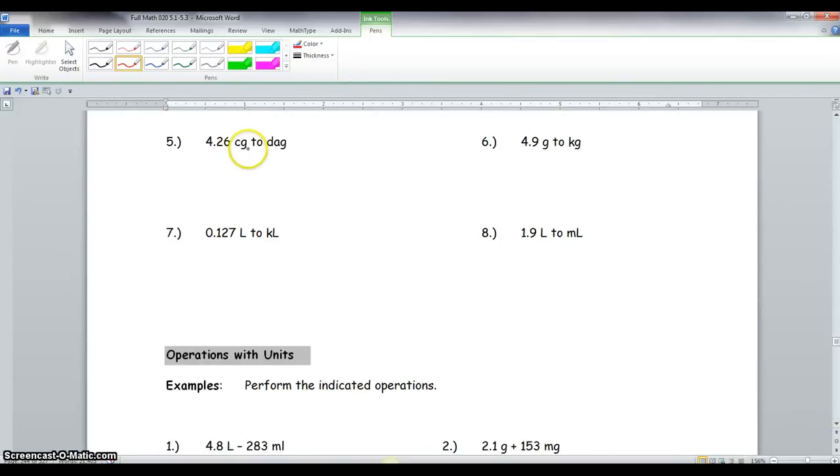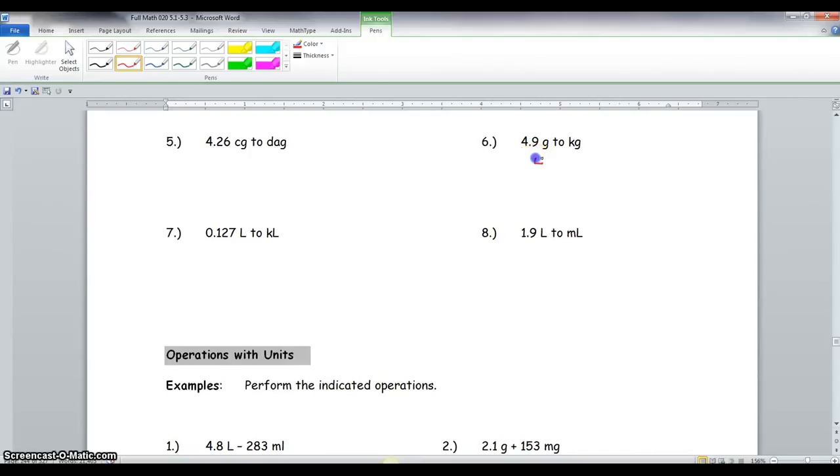Now we're going to go from centigrams to decagram because this is a DA. Now what we need to do here is rotate, but before we do this, grams and kilograms. We know our base is grams, and you can look at your formula sheet. Now you go to your base and you have to move 3 places to the left to get to kilo.